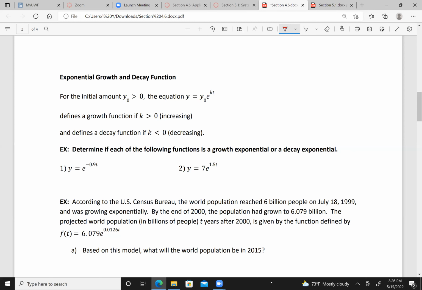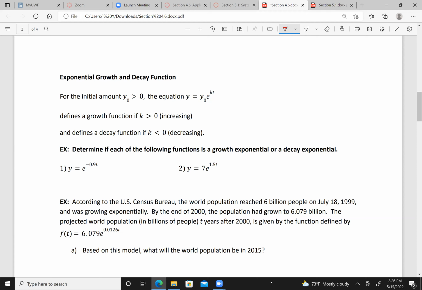Okay, so now we'll look at exponential growth and decay functions. For the initial amount, y sub 0 greater than 0, the equation y equals y sub 0 e to the kt defines a growth function if k is greater than 0, growth meaning increasing, and defines a decay function if k is less than 0, or a decreasing function.